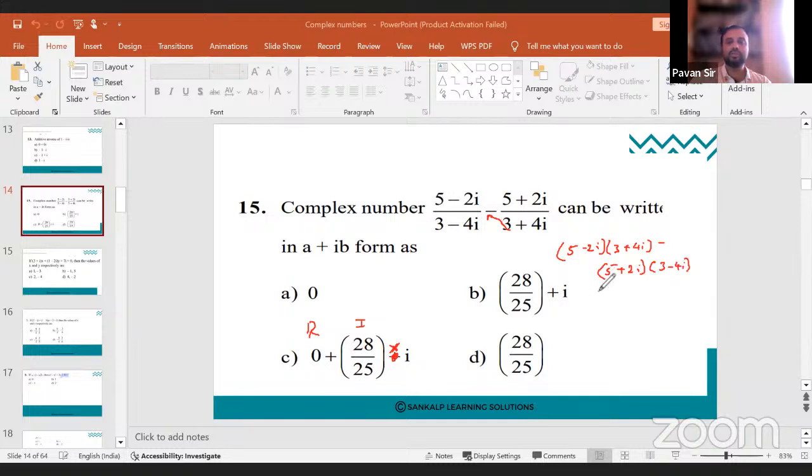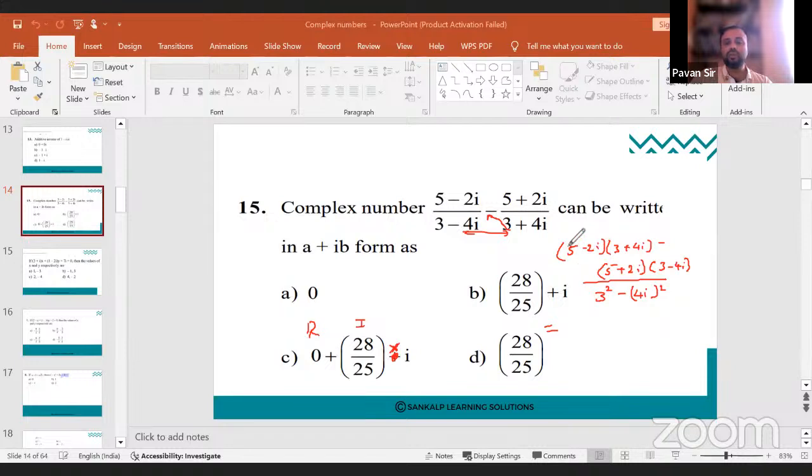Cross multiply this and we'll come to know. Divided by 3 square minus (4i) whole square, a square minus b square. Multiply the numerical part, you will come to know the answer.